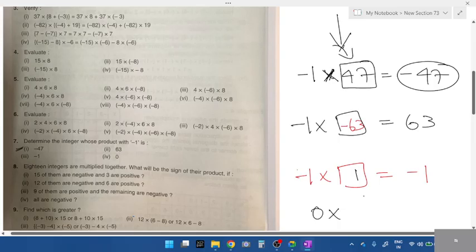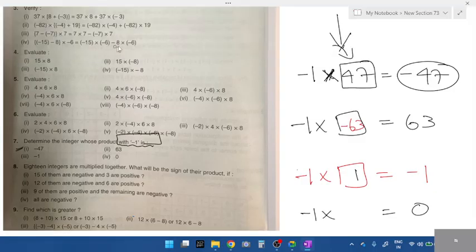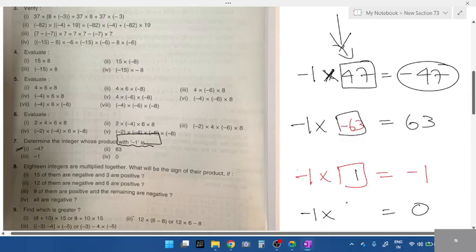What should I multiply with minus 1 so that we get 0? When do you get 0, Alicia? When you multiply 0 with anything, you get 0. So what should you multiply here? Minus 1 into 0. The answer is 0 for that.